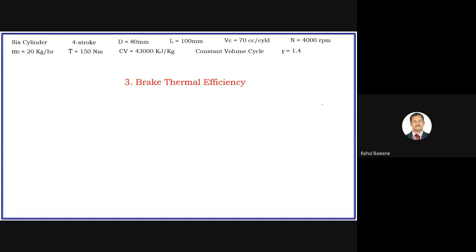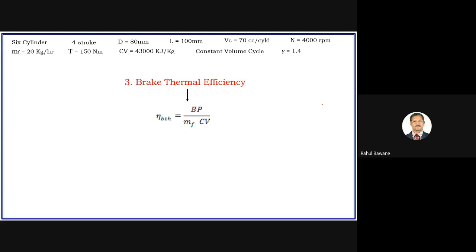Now the third point is brake thermal efficiency. Brake thermal efficiency indicates how much heat develops inside the cylinder by burning of fuel, and out of that how much part gets converted into actual brake power. So it is a ratio of brake power to the heat generated.